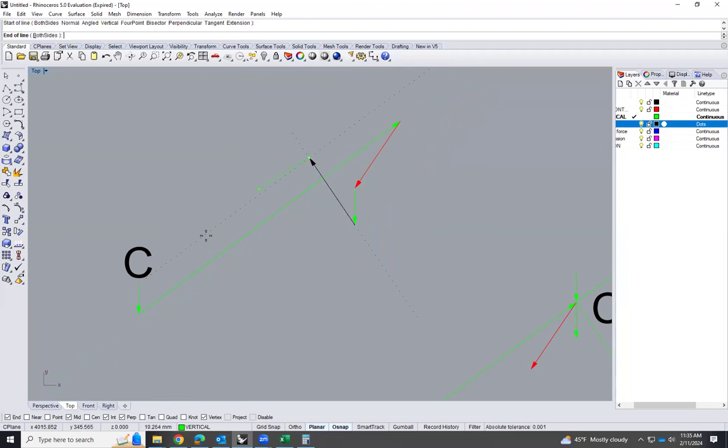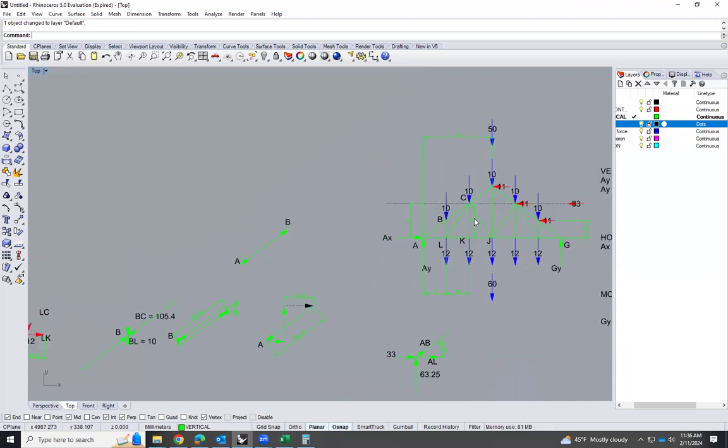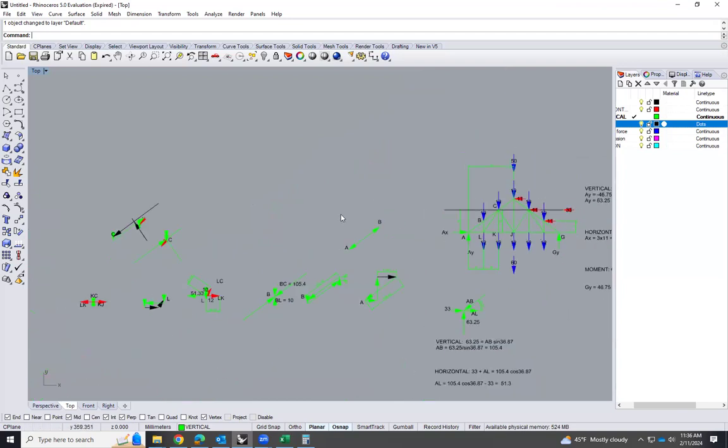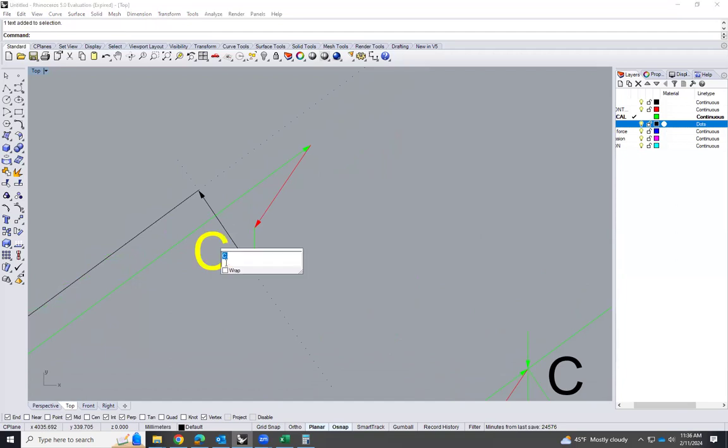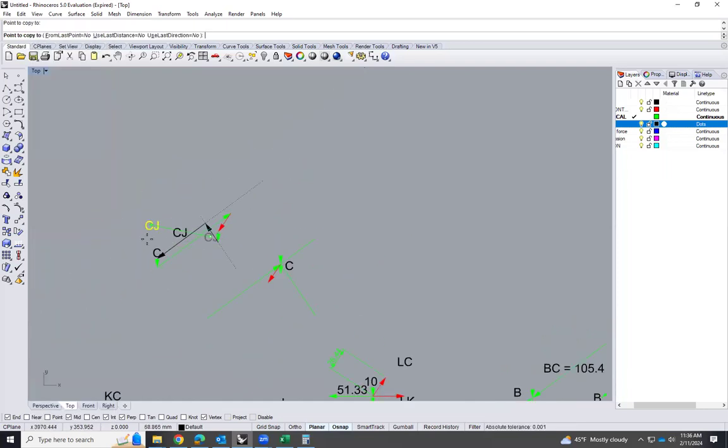And that one has to go down. Okay, so this tilted bar is CJ. And that bar is CD.